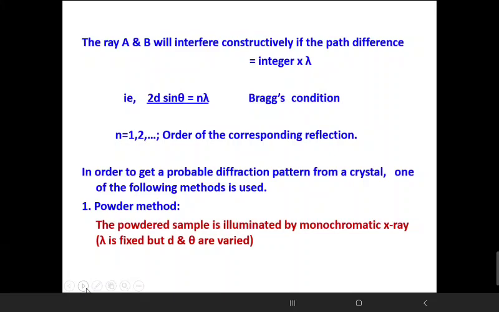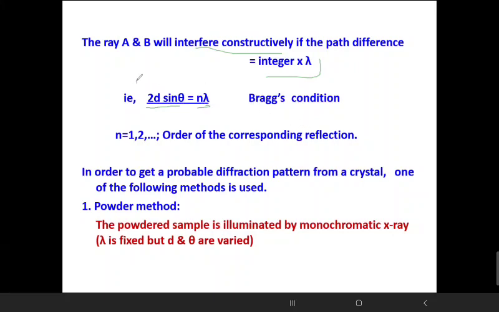The rays A and B will interfere constructively if the path difference is an integer times lambda. Do you remember? You already studied this. For constructive interference, the path difference is equal to n lambda. So our path difference 2d sine theta is equal to n lambda.